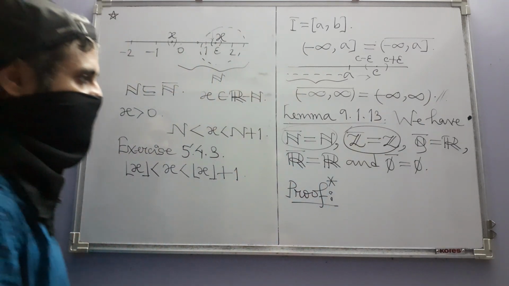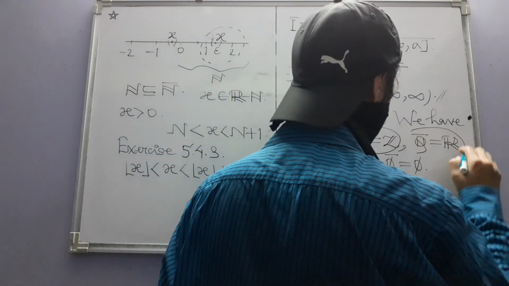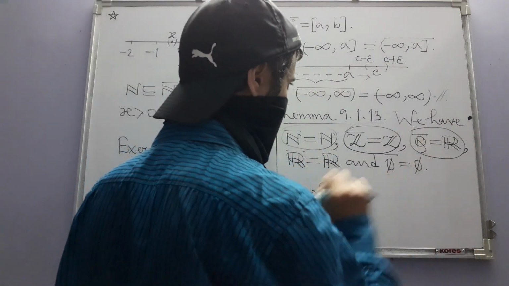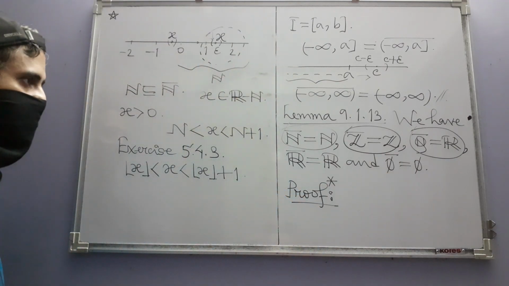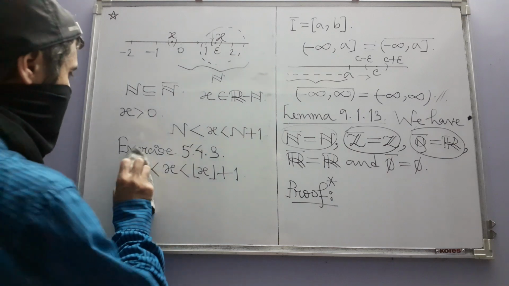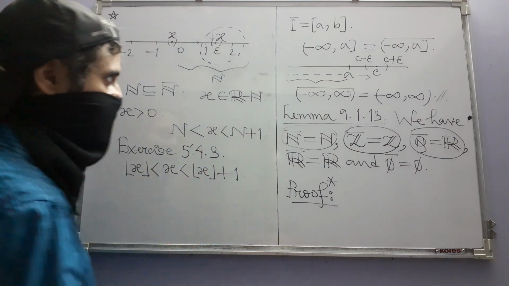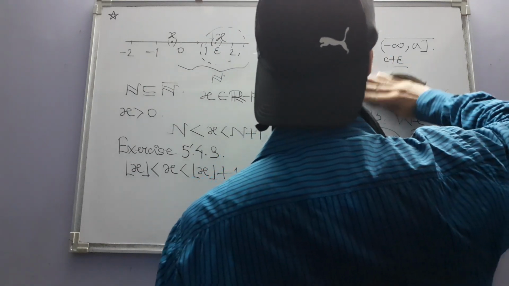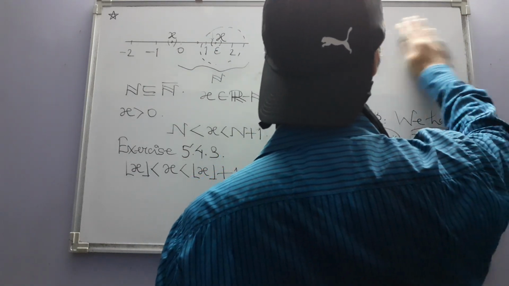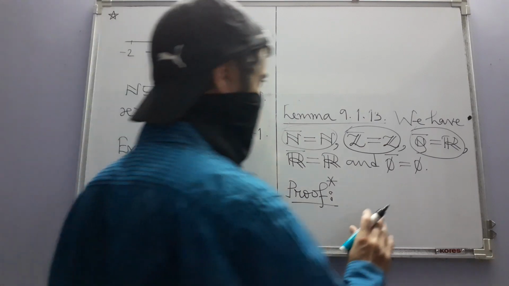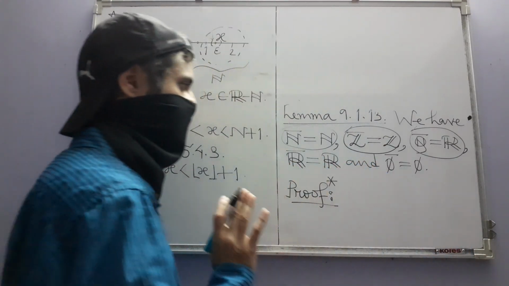Okay, but what about this though? Why is the closure of Q equal to R? Well, the closure of Q is equal to R. So what does that mean?